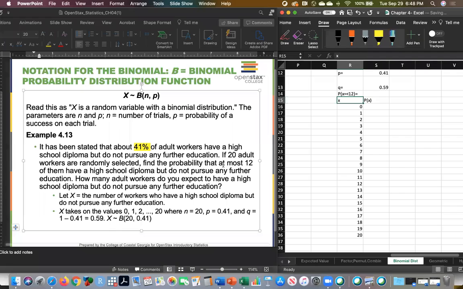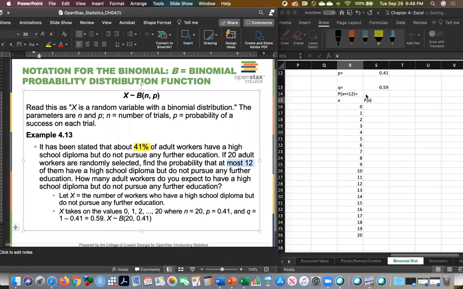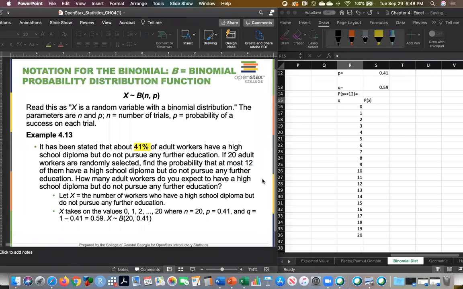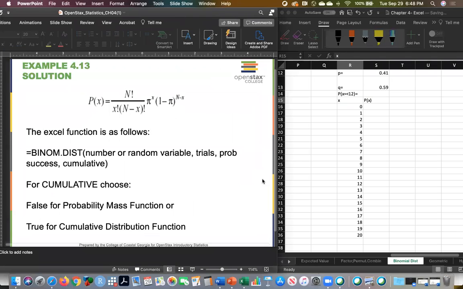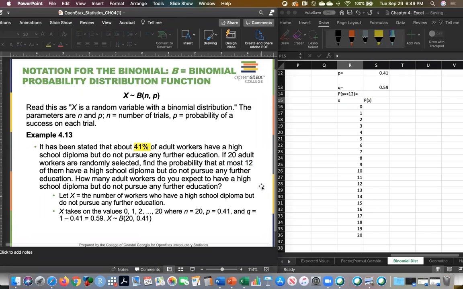So this is at most 12. I was kind of getting confused. So the goal is to find the probability that at most 12 of them have a high school diploma and they do not pursue any further education.